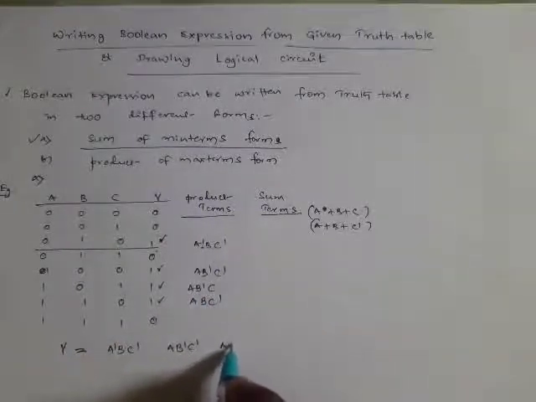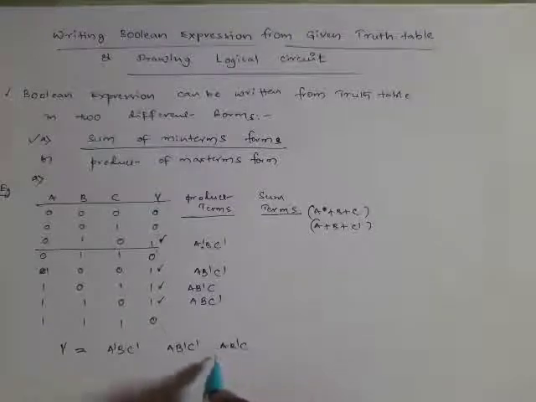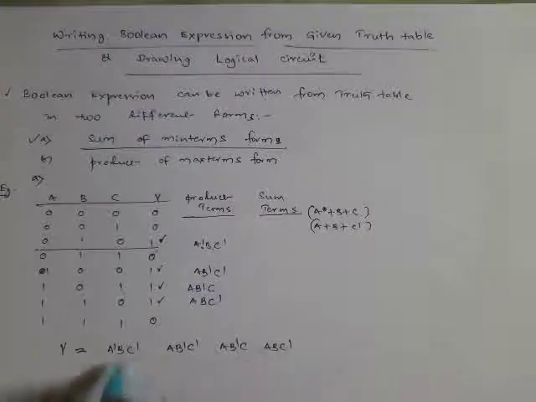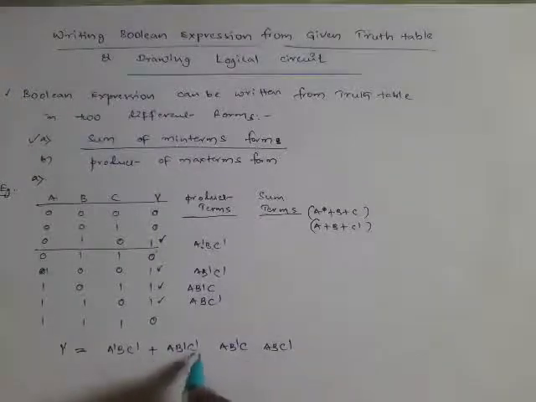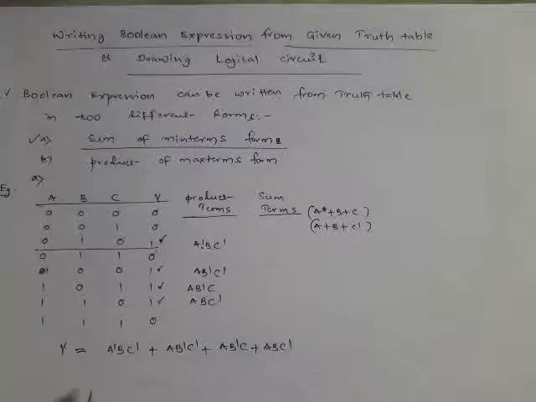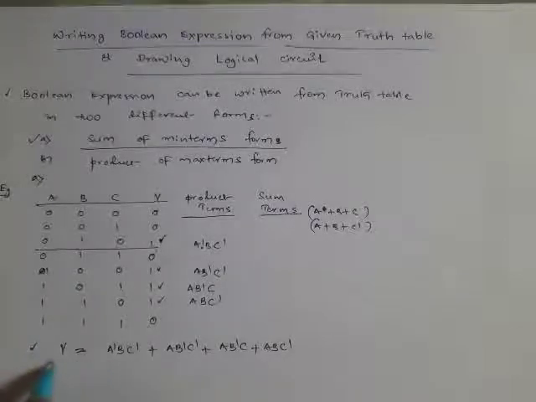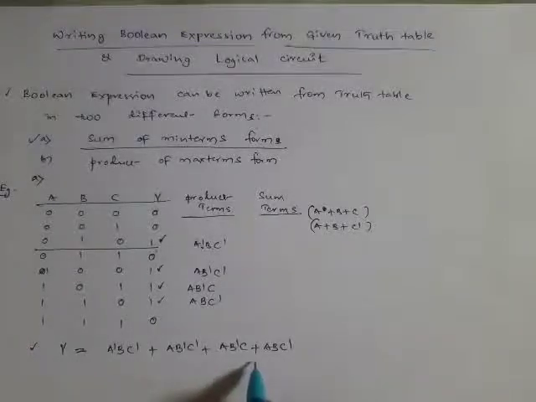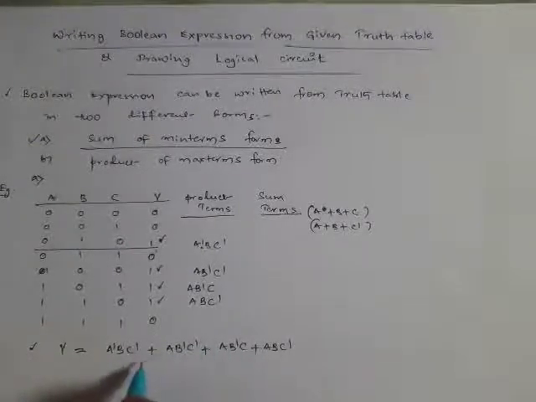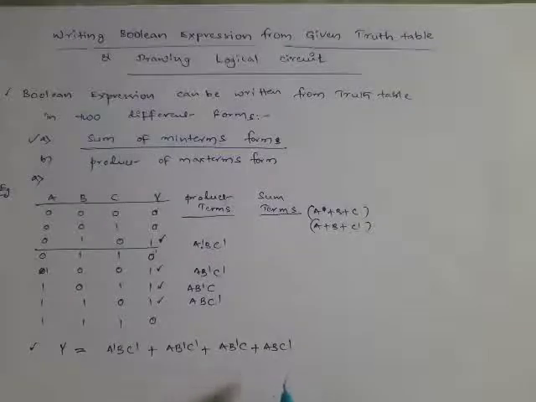The third product term is A B bar C. And the fourth product term is A B C bar. So we take the logical sum of all these product terms, and this will be the Boolean expression for the logical function Y as sum of product terms.